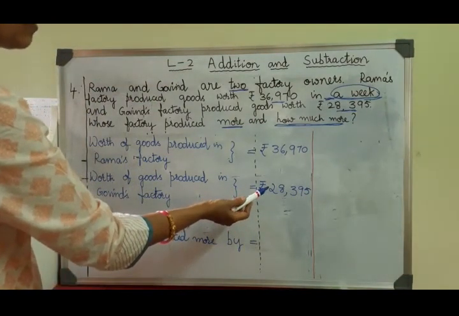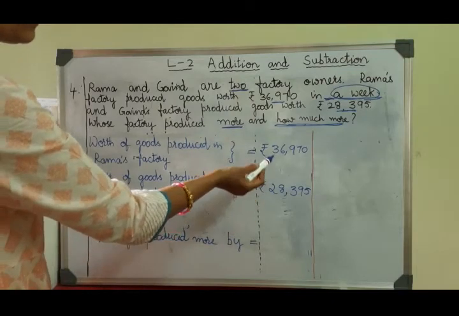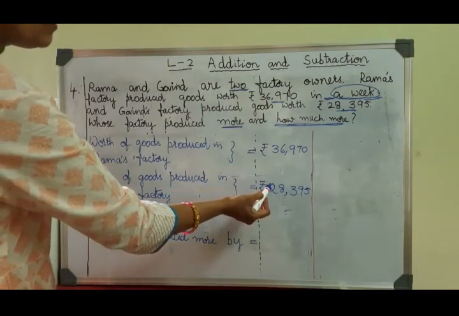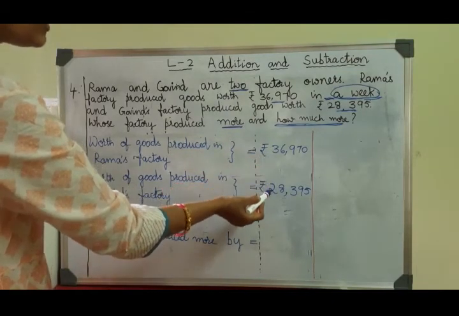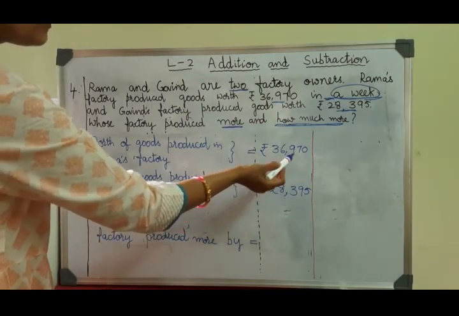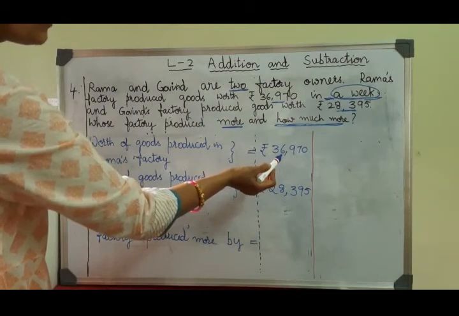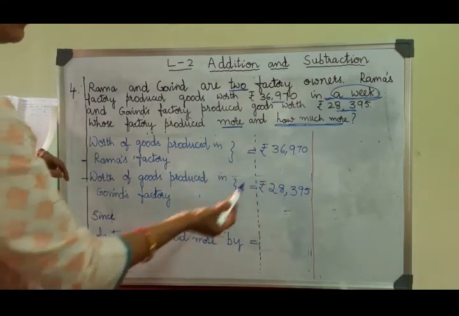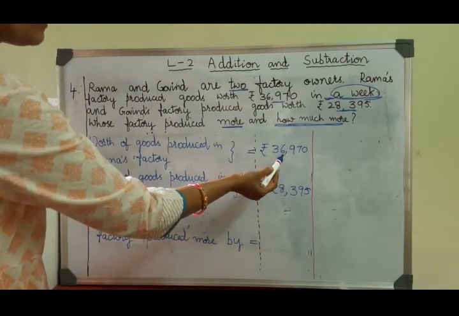What are the rules we have learned in our first lesson to compare the numbers, right? So we need not read the numbers. Leftmost digit we have to compare. Here 3 is greater than 2. So certainly 36,970 is greater. It is very easy to get the greater number.